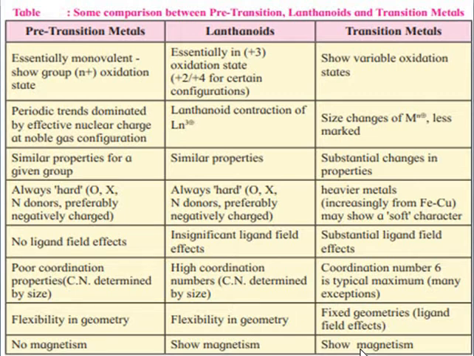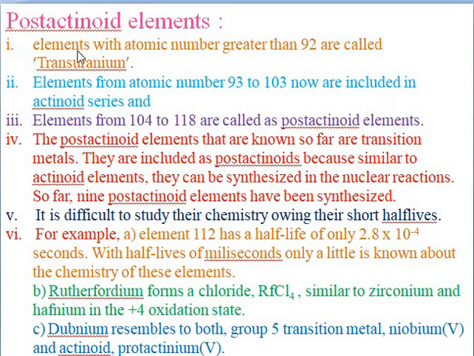The last topic is the post-actinoid elements, which have several different points. The first point: elements with atomic number greater than 92 are called transuranic elements.